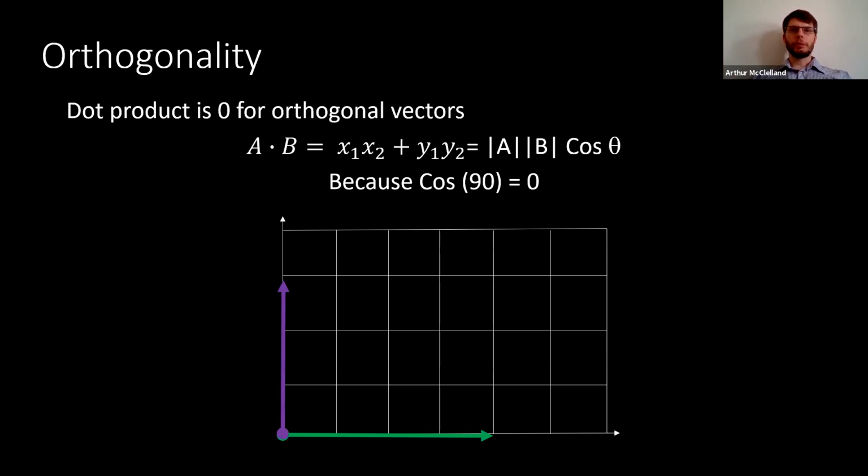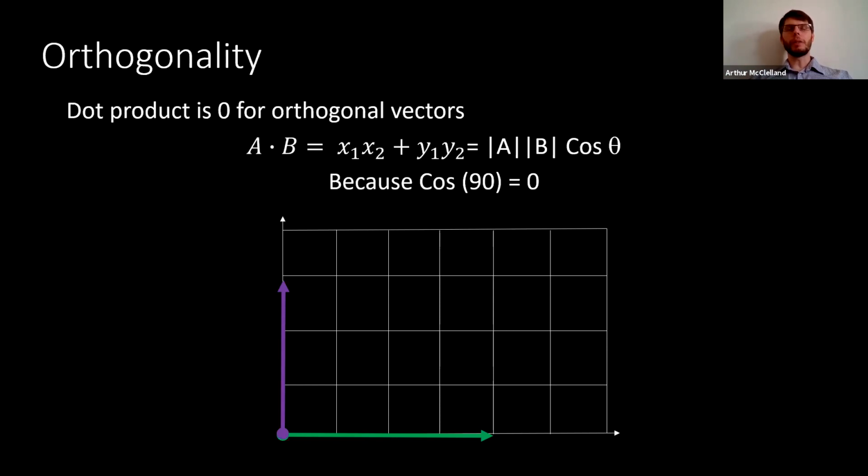A useful property of the dot product is that it equals 0 for orthogonal vectors. We need to check if vectors are orthogonal because that makes them linearly independent. If they're not orthogonal, then they are linearly dependent.